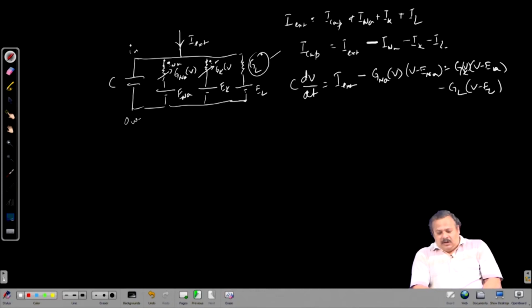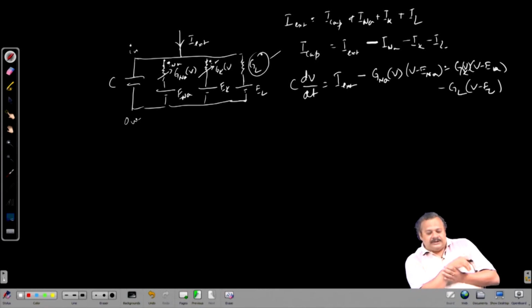Like we were earlier saying, we would simulate this differential equation with a starting point and then see how the voltage changes with time for a given I external over time. If we enforce a V threshold, we can find out where the spiking is going to happen and so on.